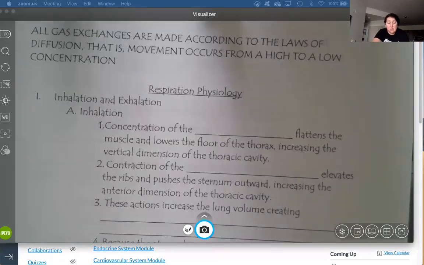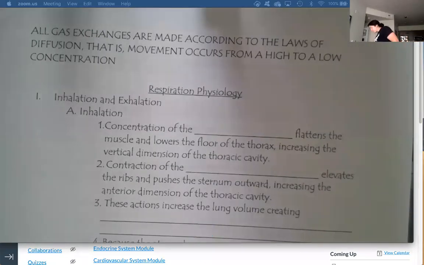So we talked about the glottis, the true vocal cords and the false vocal cords that surround the glottis. We talked about the different types of cartilage relating to the larynx. And we talked about the epiglottis, how that stops things that shouldn't be passing through into your lungs from passing through into your lungs.